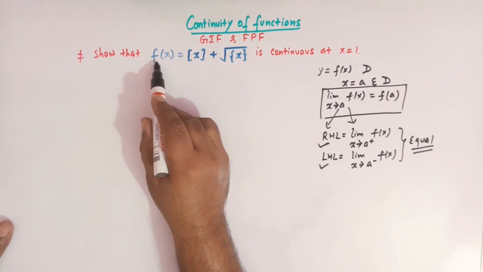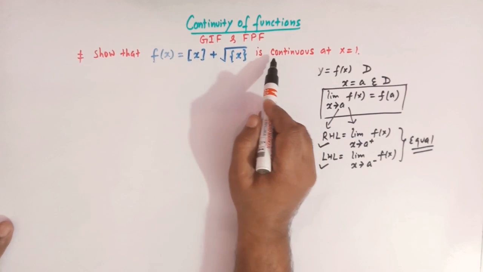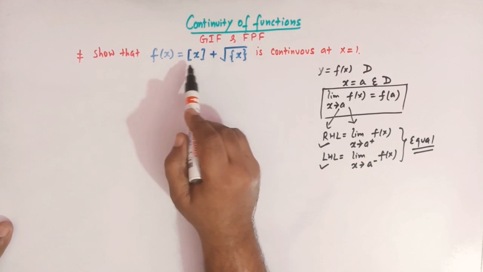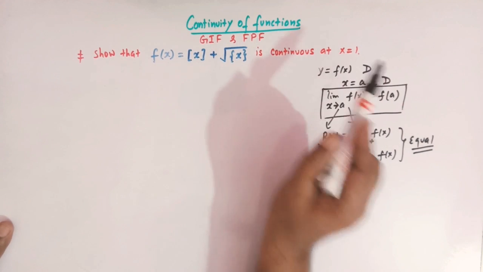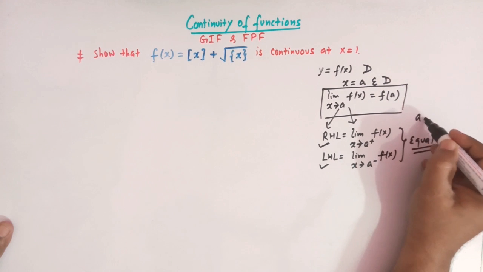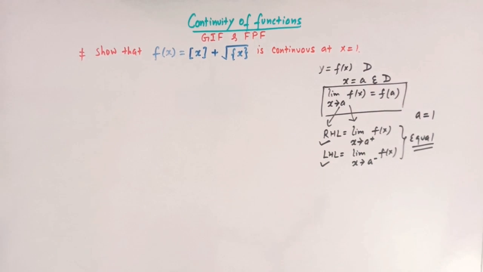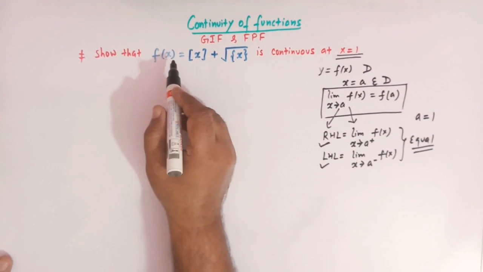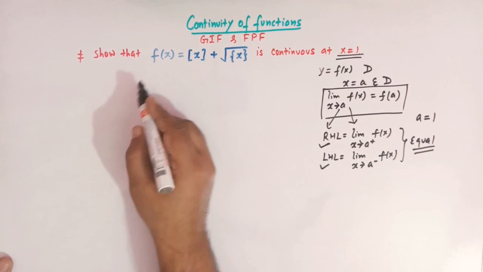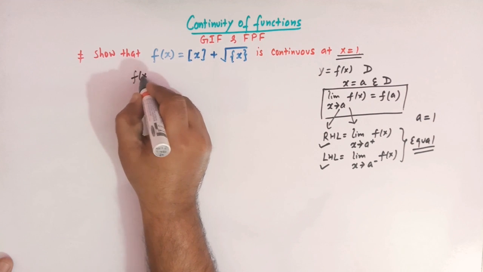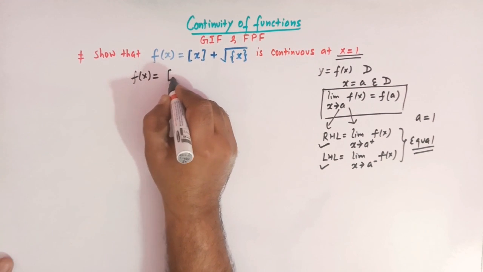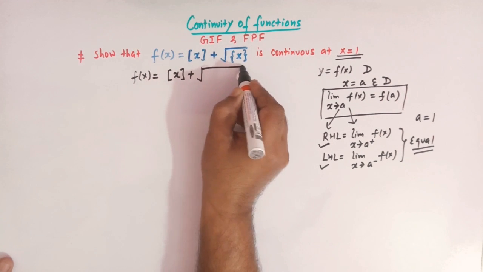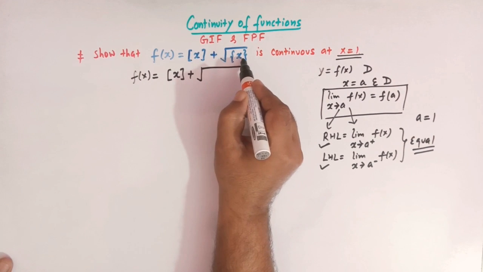Here we are given this function, and we have to show that it is continuous at x is equal to 1, so a is equal to 1. Let us start with f of x is equal to greatest integer of x plus square root of the fractional part function.